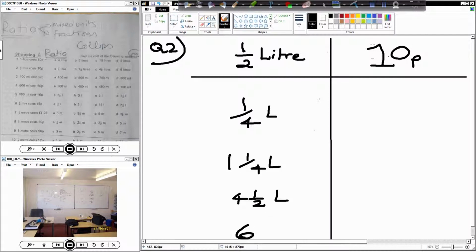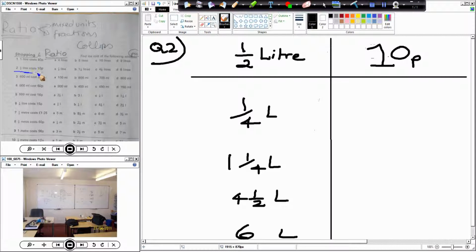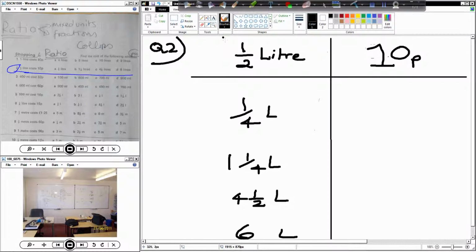And last but not least, we're going to work out the cost of 6 litres. And where is that question? That question is here. Question number 2. Okay, we're happy with that so far.